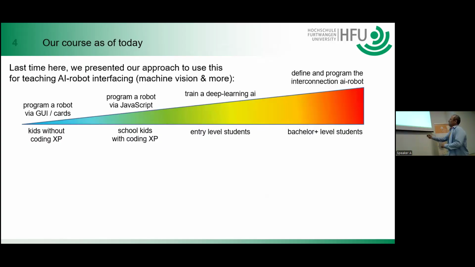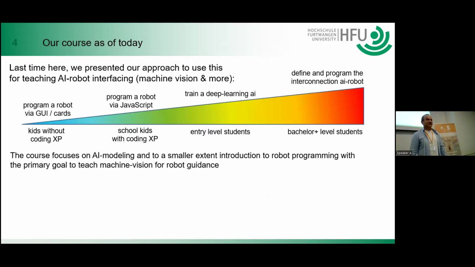We intended to use this setup with robots and AI in a sort of two-lane increased complexity approach, from kids without any coding experience all the way to our high-trained bachelor students, from just programming a robot with some very simple functions, and I'll show you how simple it actually is, all the way to training AI models and interconnecting robots to AI models, because that's one of the major problems most people don't see coming.